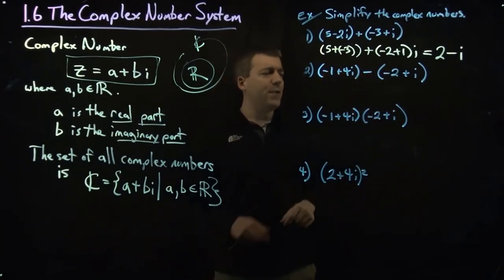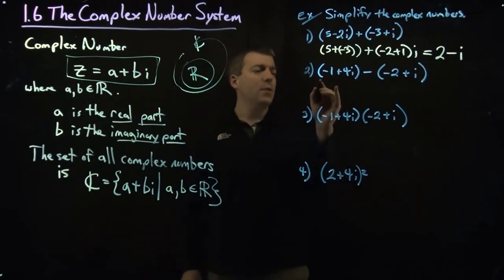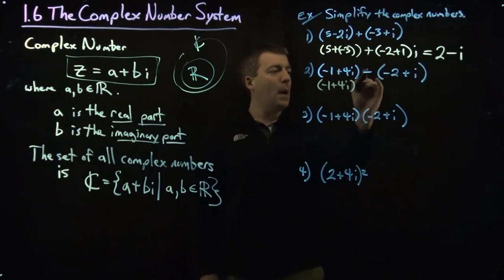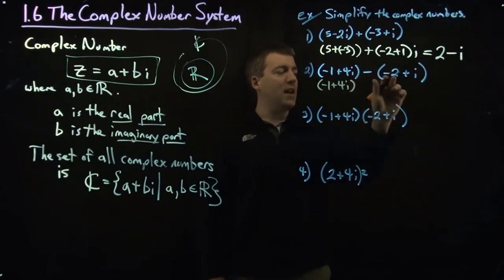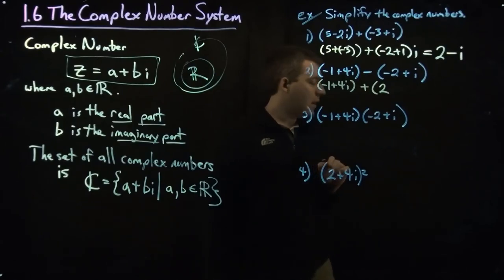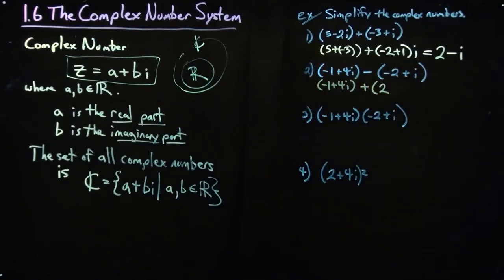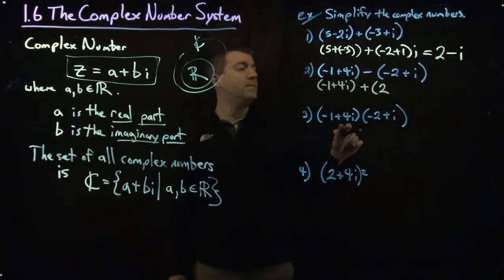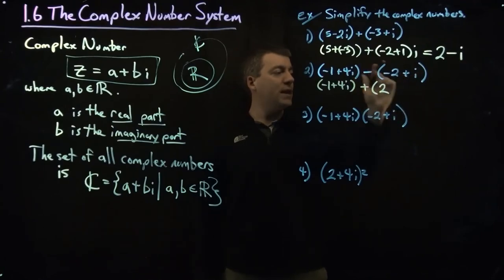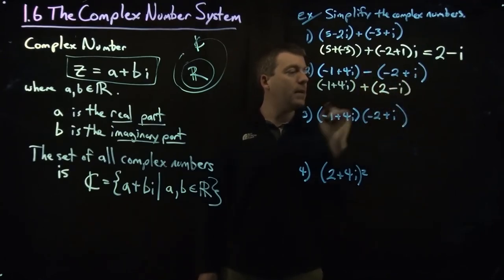Let's evaluate this first. Okay, so we'll have -1 plus 4i. Then we have minus -2, so that's plus 2. And then minus plus i would be minus i.